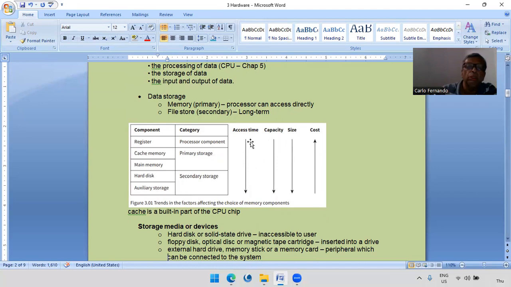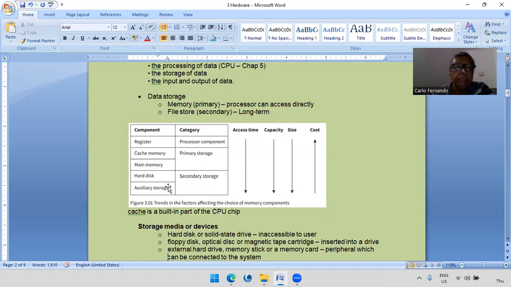Size also small, increasing this way. Only the cost is high. Access time is low, not slow, access time is low. So very short, quick access time. Capacity is also low. I told you very small, tiny areas. Size is also very small, same thing.